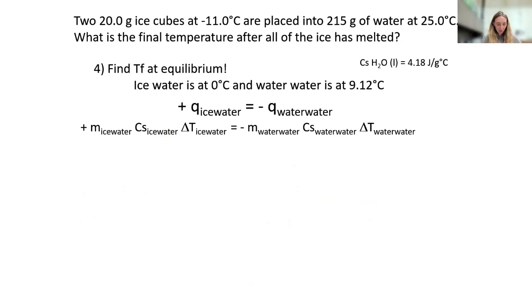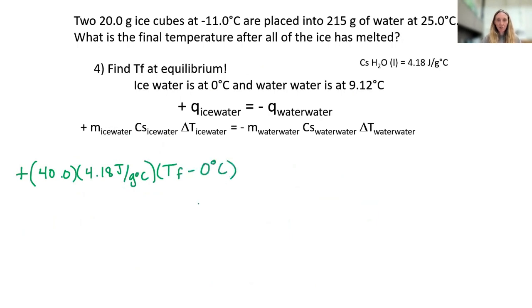Okay, so let's put all those numbers in, right? We laid them out on the table, so let's put the numbers in. So we have a positive sign. The mass of the ice water is 40 grams. The specific heat is 4.18 joules per gram degrees Celsius. And the delta T is the final temperature minus the initial temperature.